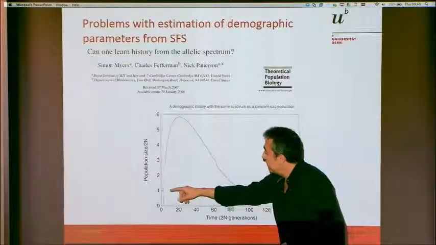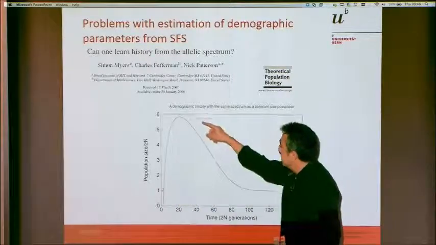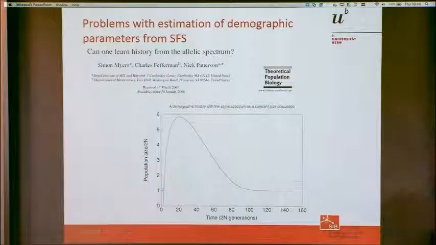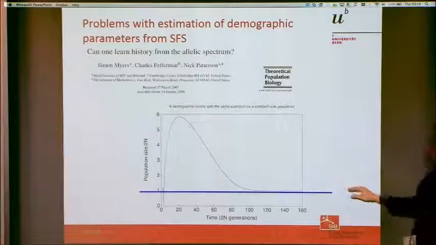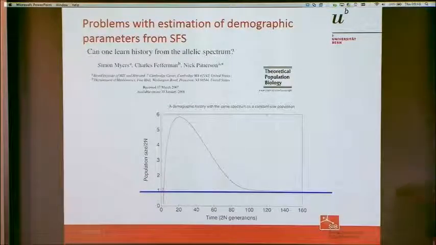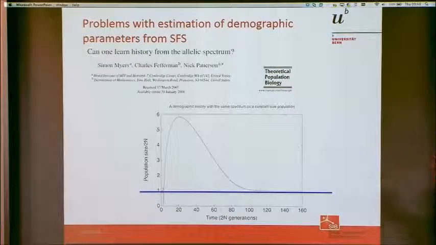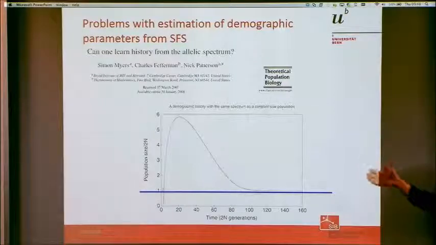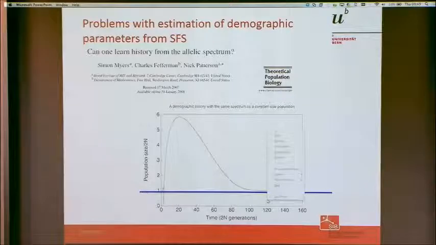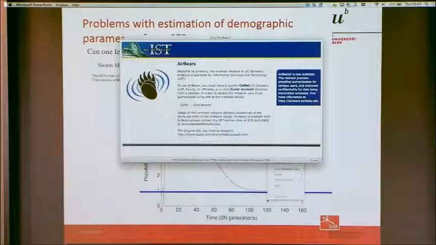And if you have this kind of strange history that goes up and down, somehow you would expect to see the same site frequency spectrum as if you had a constant population size. So I think the debate is still a bit open, to which extent we can really reliably infer the past history from the site frequency spectrum, and there could be some kind of non-identifiability problems in some cases.